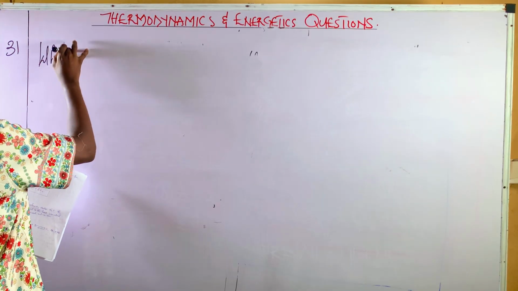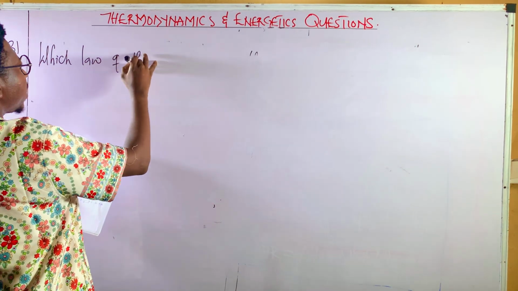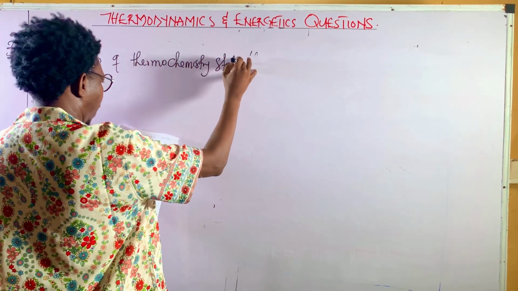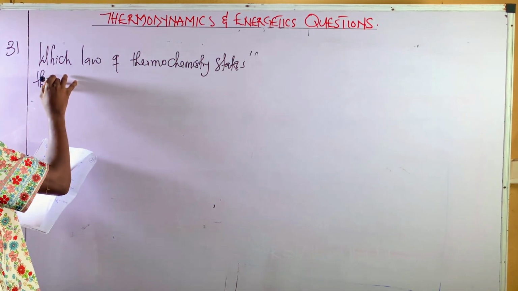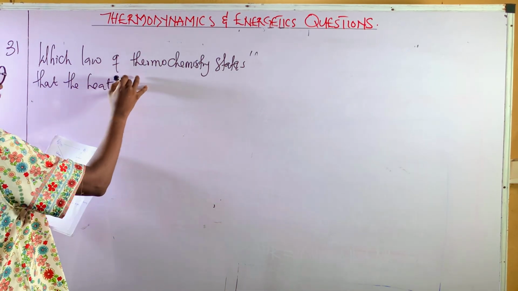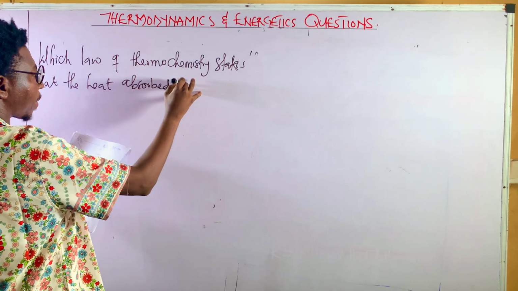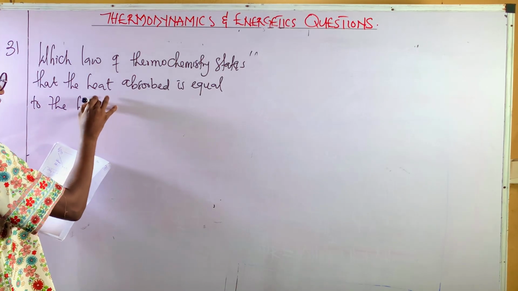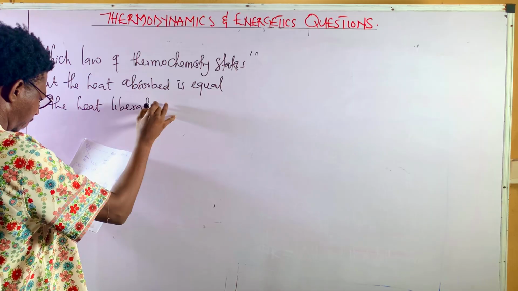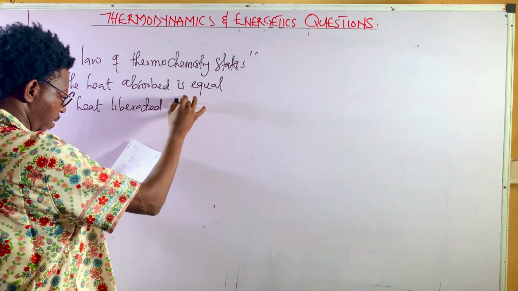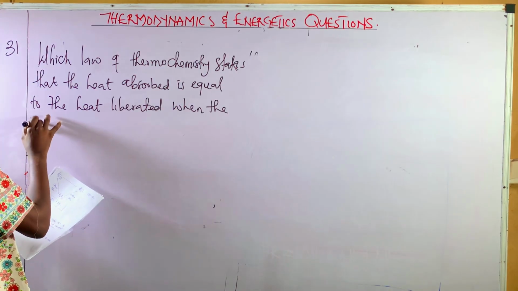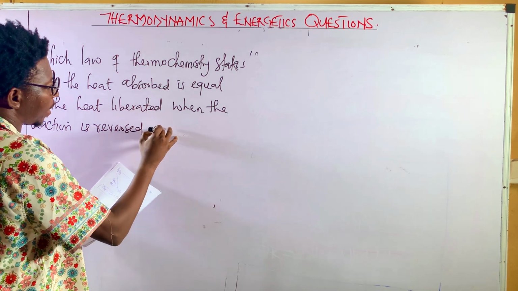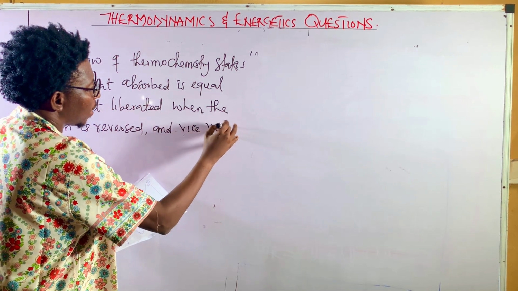So move to number 31. Which law of thermochemistry states that the heat absorbed is equal to the heat liberated when the reaction is reversed, and vice versa?